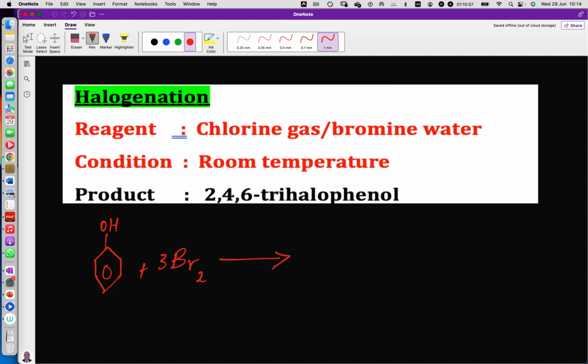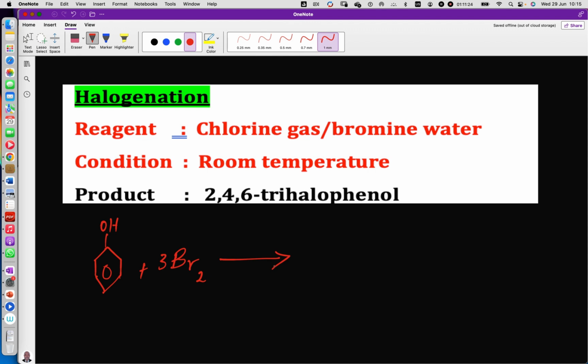That's why the reagent is only chlorine or bromine at room temperature. And since they are 2, 4, 6 directing, what they are going to produce is 2, 4, 6 tribromophenol.